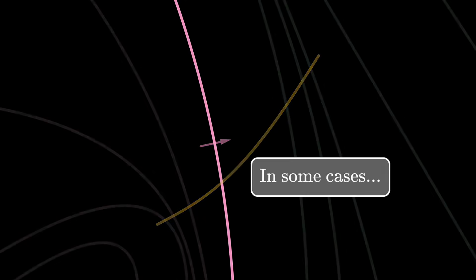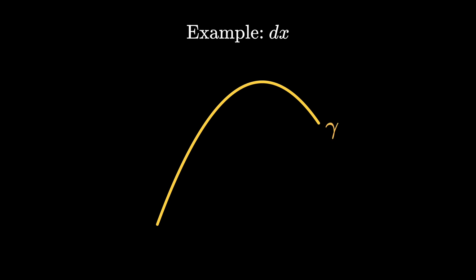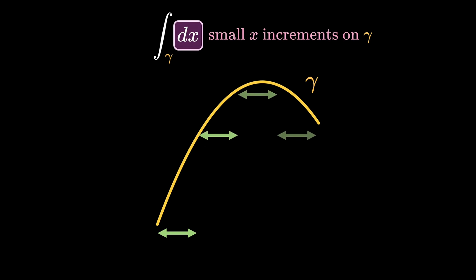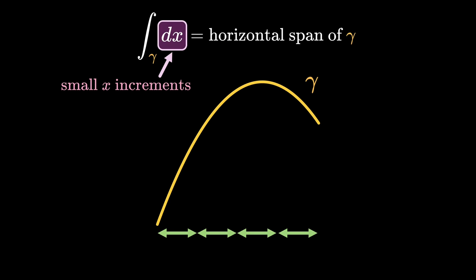This picture generally works when you zoom in far enough, but for now, let's consider an example dx, which will work throughout the plane. When I integrate dx along a path gamma, I add up the little increments along the x direction, so the integral is how much gamma spans horizontally.